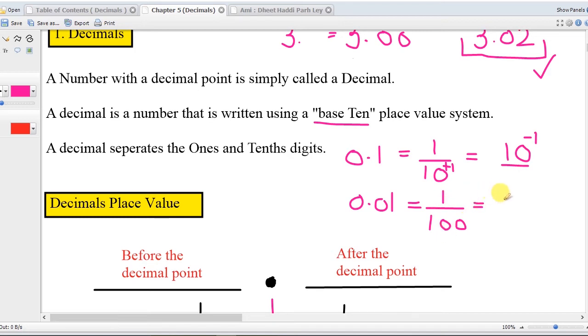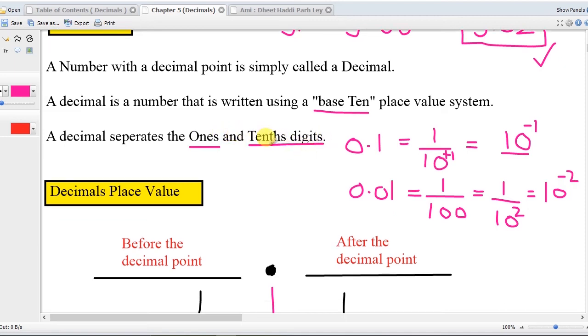And again I can write this 100 as 10 squared, because 10 squared is equal to 10 times 10, which is equal to 100. So if I write this number in scientific notation with the base 10, this value will become 10 raised to power -2. So this is the reason why they are talking about this base 10, right? Or according to the third definition, it says a decimal separates the ones and the tens. We'll look into depth later on at what it actually means.